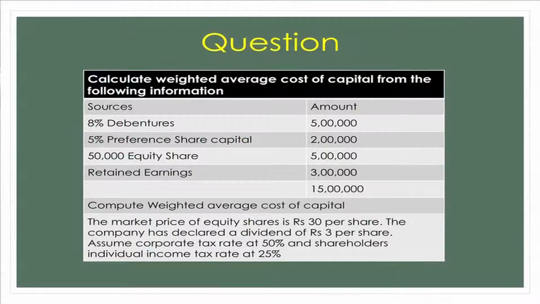Preference share dividend rate is the cost of preference share, that is 5%. Equity share cost and retained earning cost we need to find out. We are given certain additional information that market price of share is 30 rupees and dividend declared is 3 rupees, then tax rates are given.